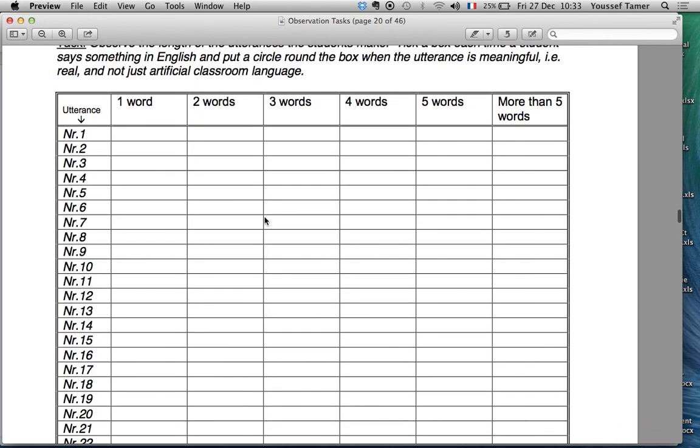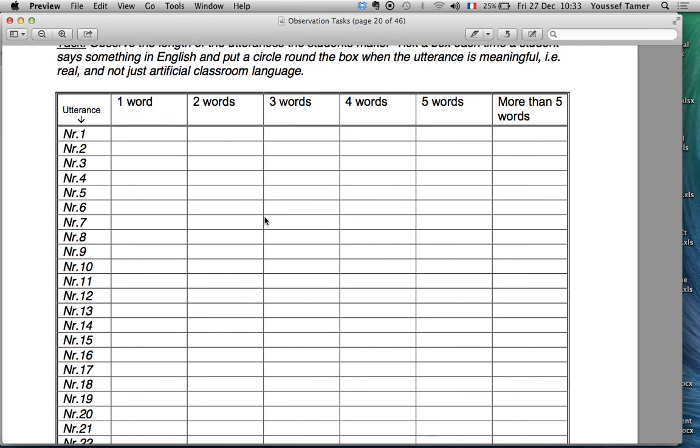So this is one way of calculating the student talk time. Another way of calculating the student talk time is referring to classroom discourse, which we are going to see later on in our class, Discourse for ALT. So classroom discourse has its own ways, Sinclair and Coulthard.